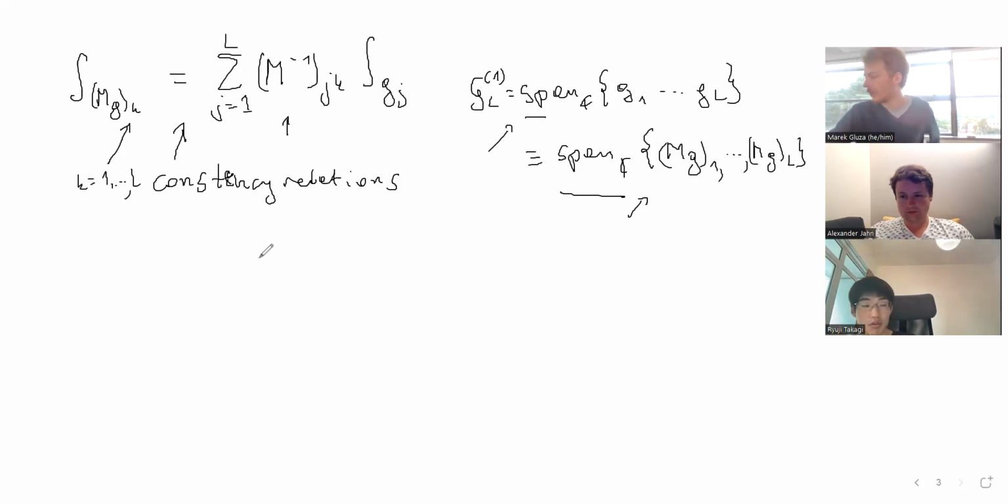Okay, so how can we show this? The ansatz to show it is to consider K and J from 1 until L. So I consider like L squared many relations like this.